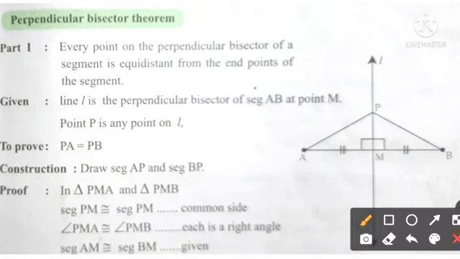So you can take any point on line L, and if you join it to the endpoints A and B, these two sides are at equidistance. If you take this point and join these two points, they are similar.